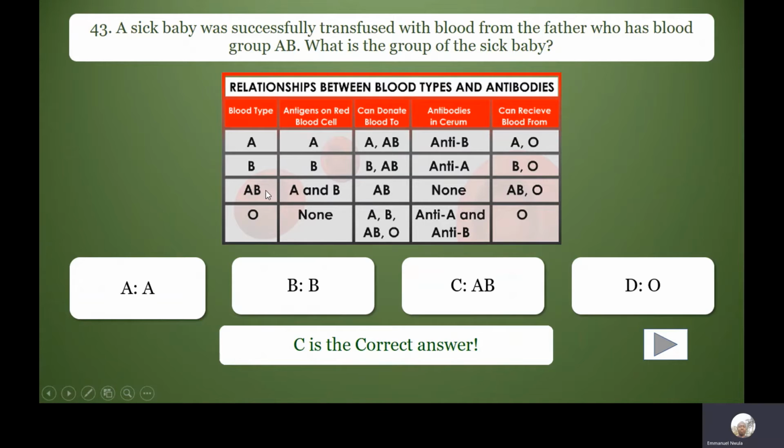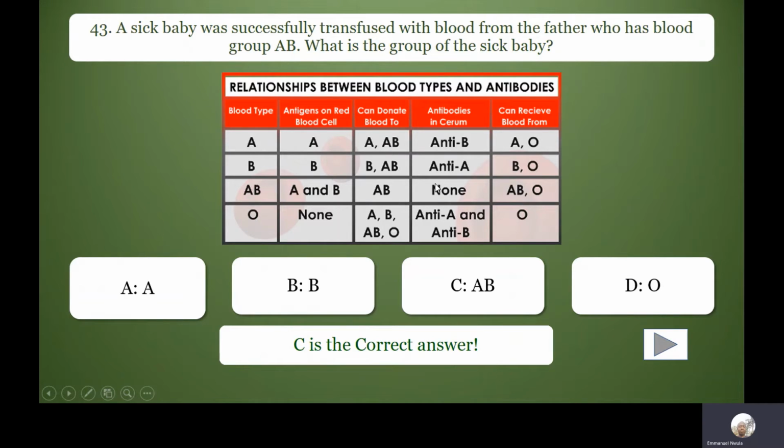So AB, because they have antigen A and B, can only donate to AB because AB has no antibodies that will fight antigens A and B. Because it is the recipient's antibodies that fight the antigens coming in.